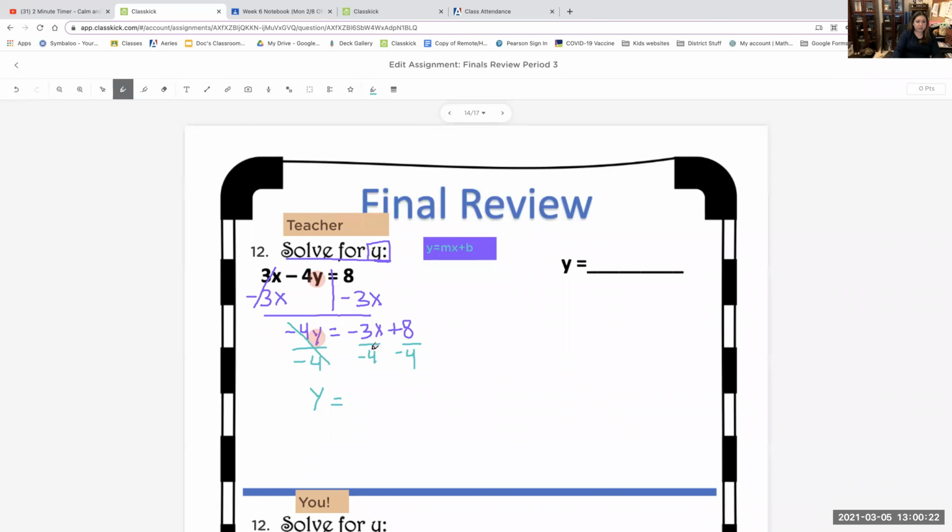Then I have to see, can I simplify the 3 and the 4? No. So I'm gonna leave it alone. 3/4 x, don't forget that x, some of you guys do. A positive divided by a negative, that's gonna be a negative. And 4 goes into 8 2 times. So what's my equation? 3/4 x minus 2.